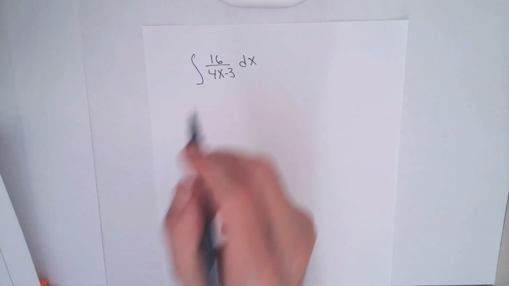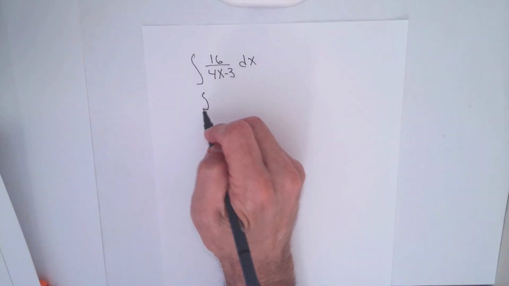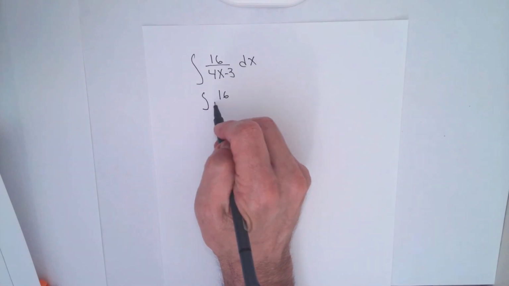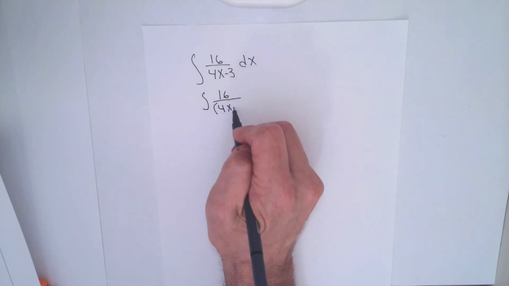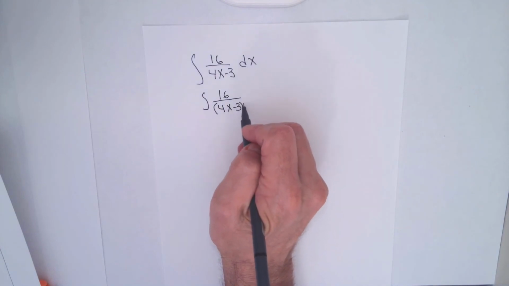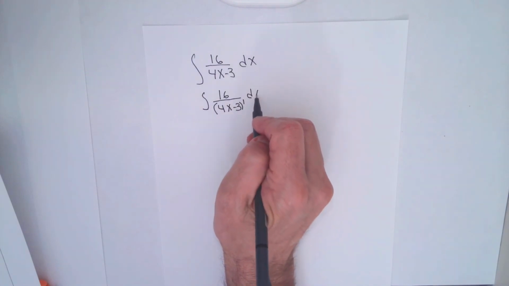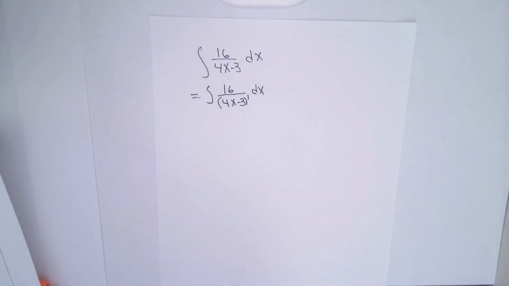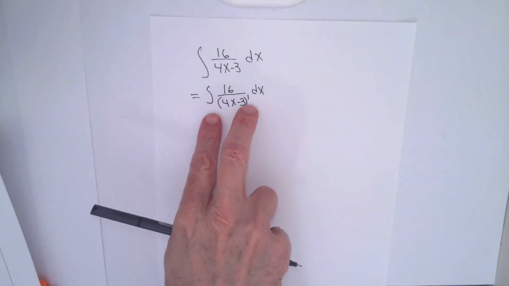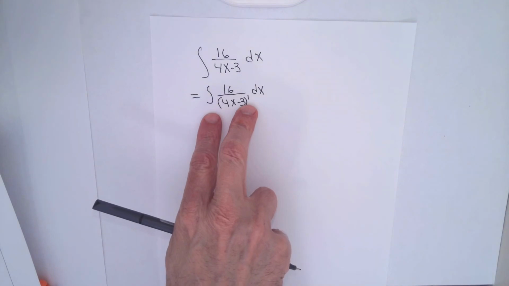So I need to get this rewritten to handle u's. I'm going to think of the denominator as having a parentheses with an exponent of 1. And I'm going to use the strategy that we learned in section 5.1 to take fractions and make them have negative exponents.